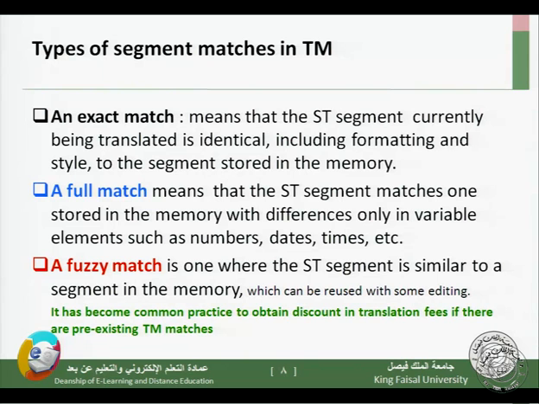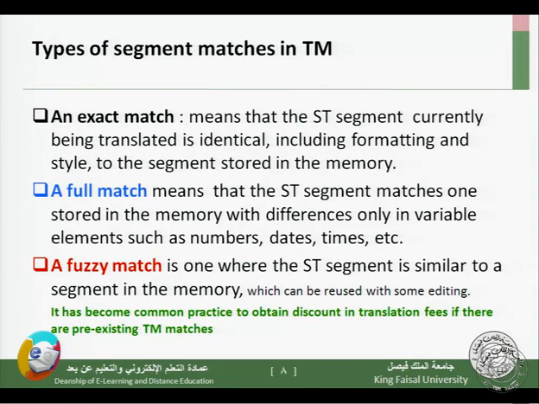And then this ST, the English ST segment, a sentence, is identical, is exactly the same as the segment stored in the translation memory program, including formatting and style. Form and content, exactly the same. This is what we mean by an exact match.